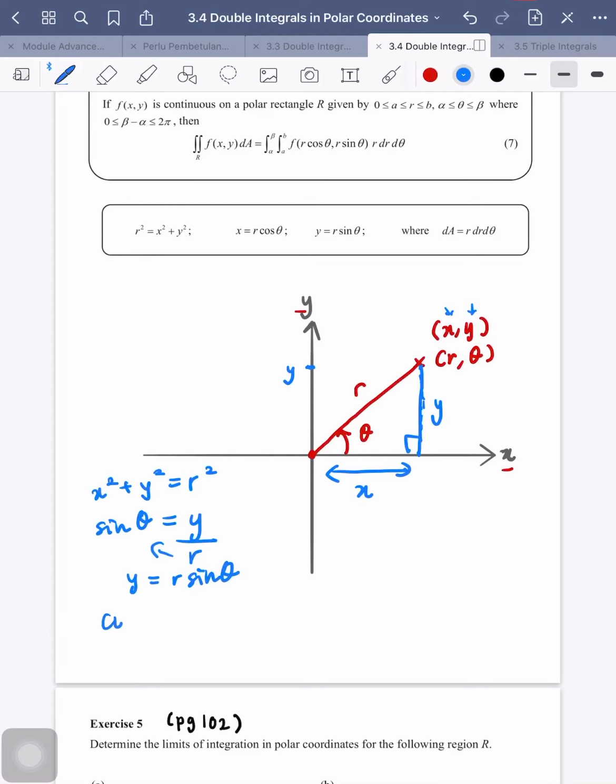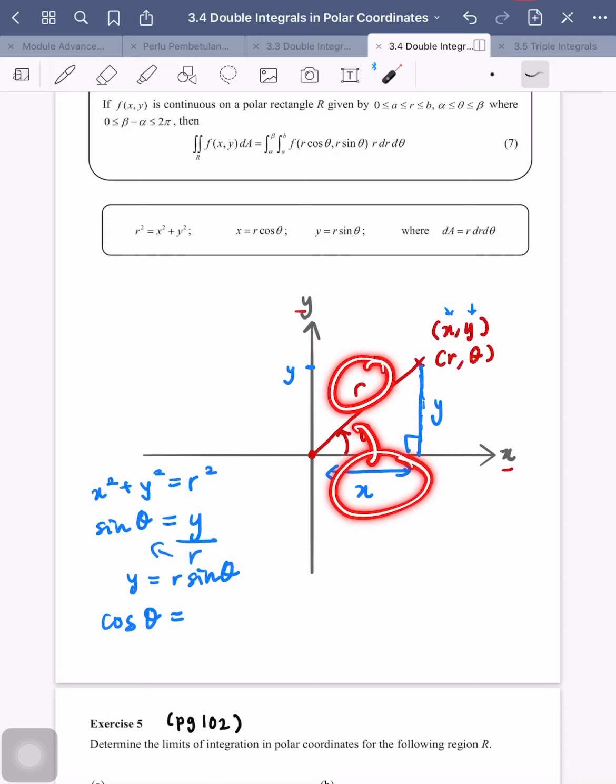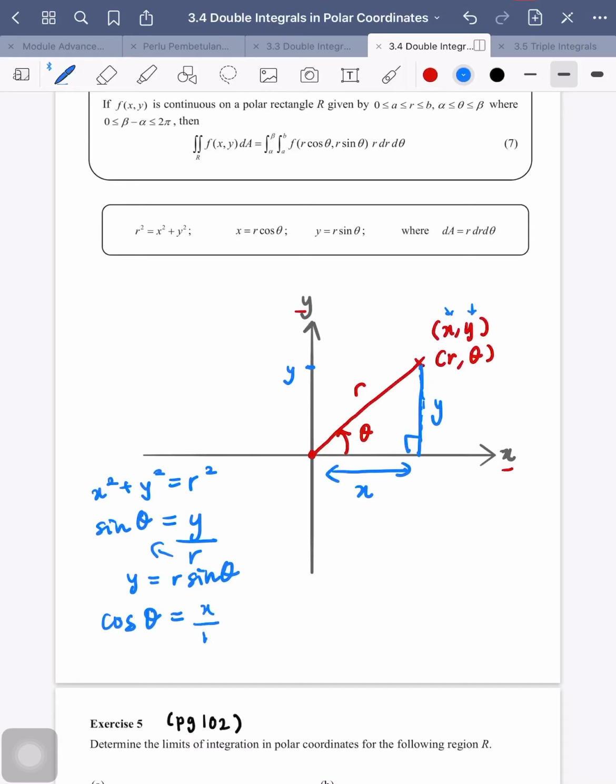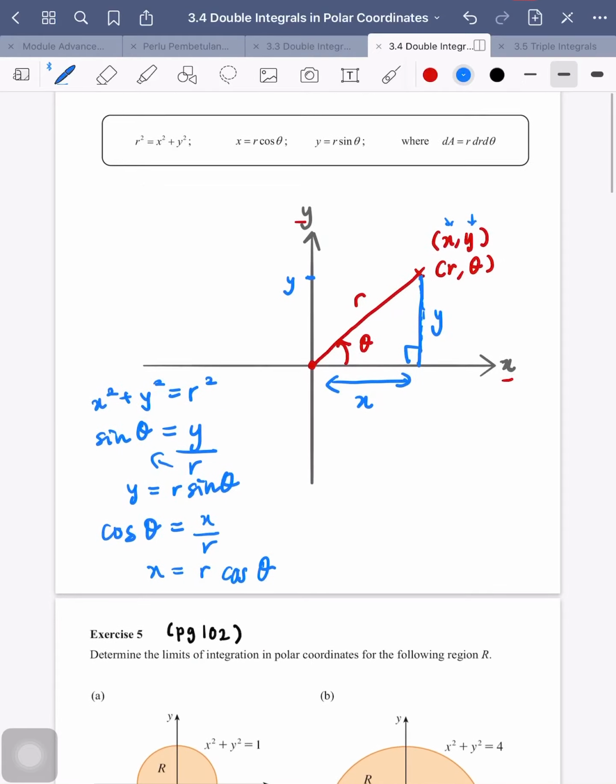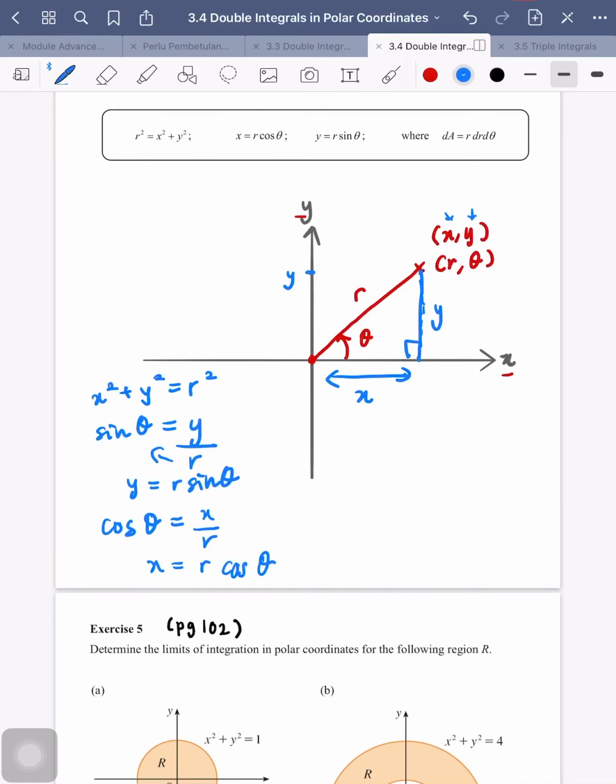Cosine theta is adjacent over hypotenuse, so you have x over r, so x equals r cos theta. This is the relationship between rectangular and polar coordinates.